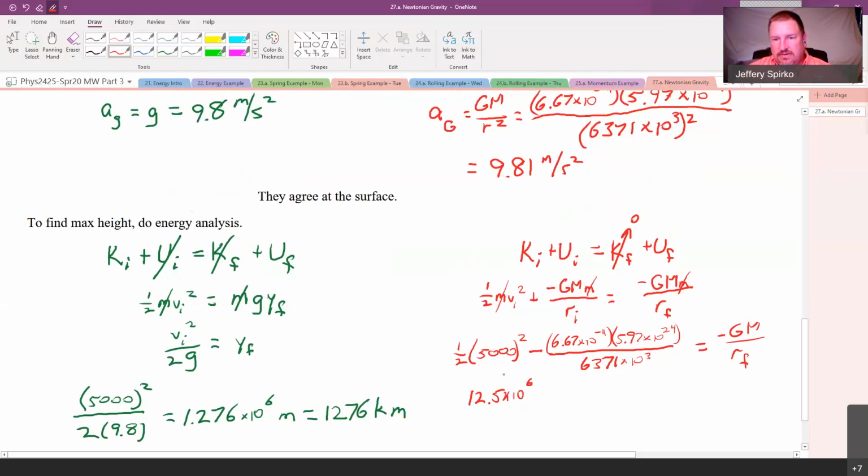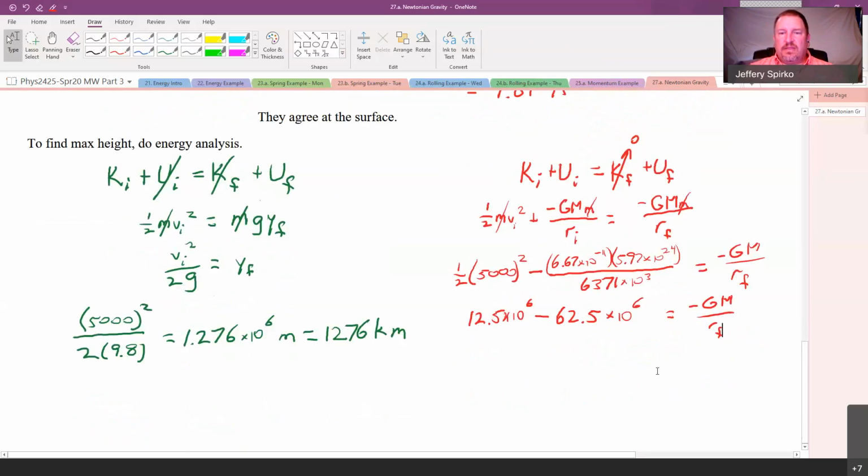And this is minus 62.5 times 10 to the sixth equals minus G M over R. So now I can take my 62.5 minus 12.5 and get 50 times 10 to the sixth is equal to minus G M over R final.